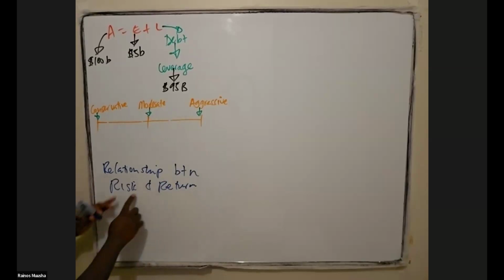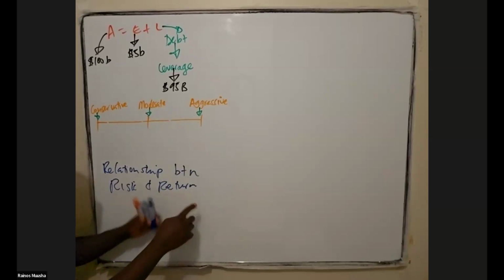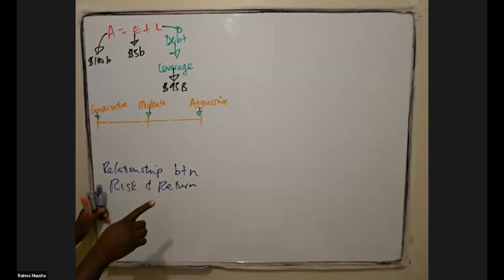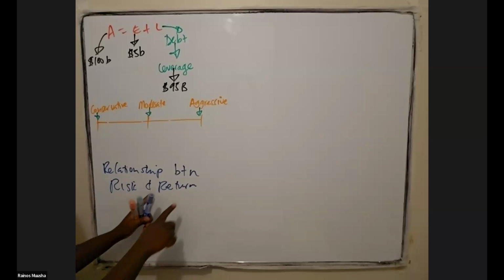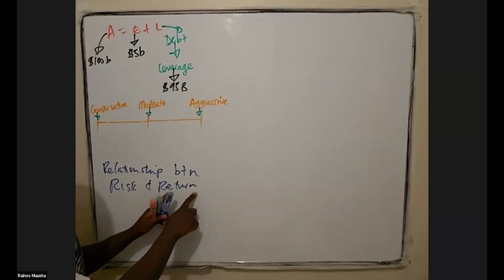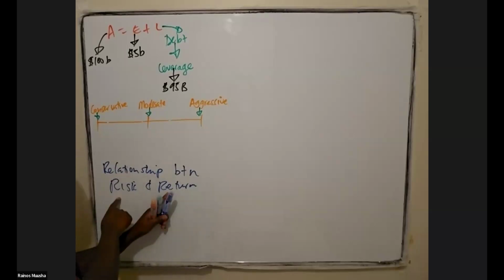Generally, the higher risk you take, the higher the expected return, not the actual return. Please take note. When you take on more risk, it does not necessarily mean that you're going to have a high return. But in pursuit of higher returns, know that the more return you're pursuing on your investment, the more risk you're going to be taking.